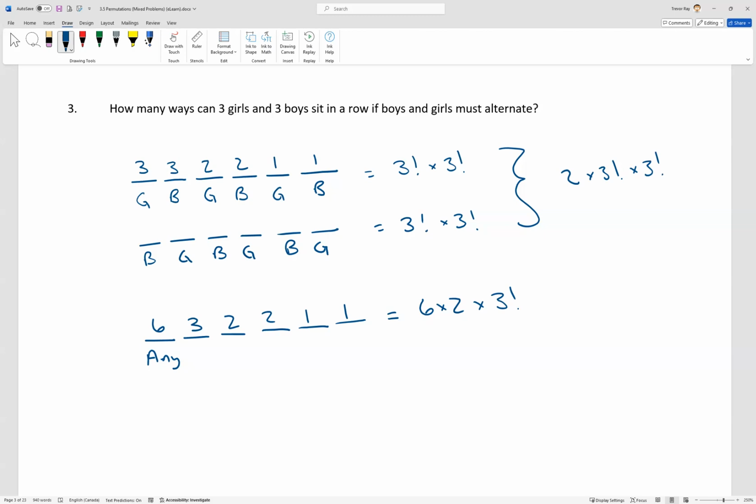And if you take a look at it, 6 actually is equal to 3 factorial. So this is still 3 factorial times 2 times 3 factorial. It gives you the exact same numeric answer, just in a slightly different way. Either way, the logic is sound on both of those versions.